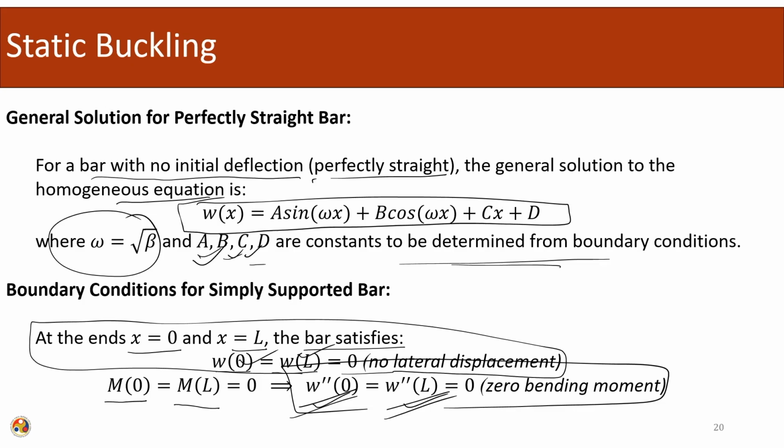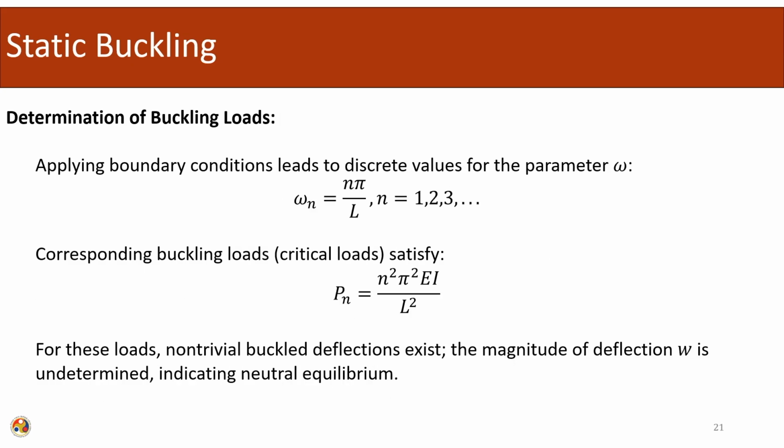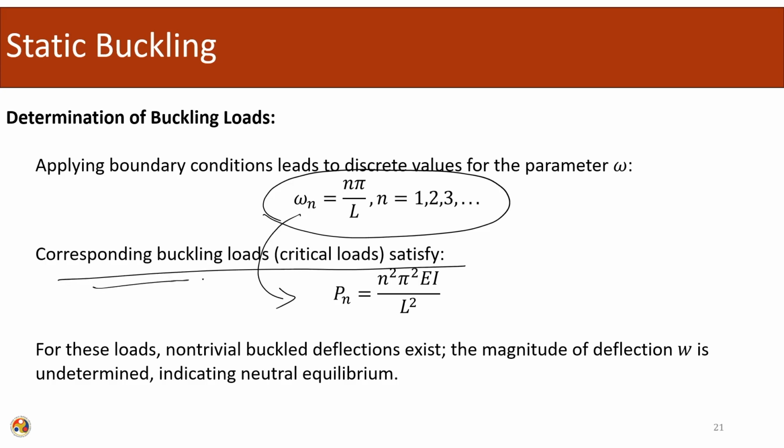Using these 4 boundary conditions, we get the discrete values of omega n. Using this equation, we can calculate the corresponding buckling load, or the critical loads, for the different omegas. Corresponding to different modes of vibration, we will have the buckling load. What does it mean?